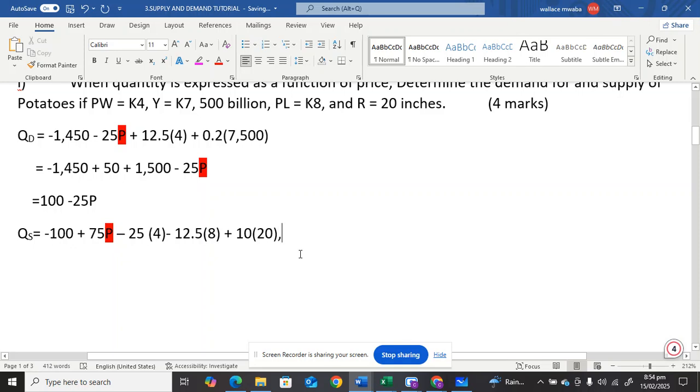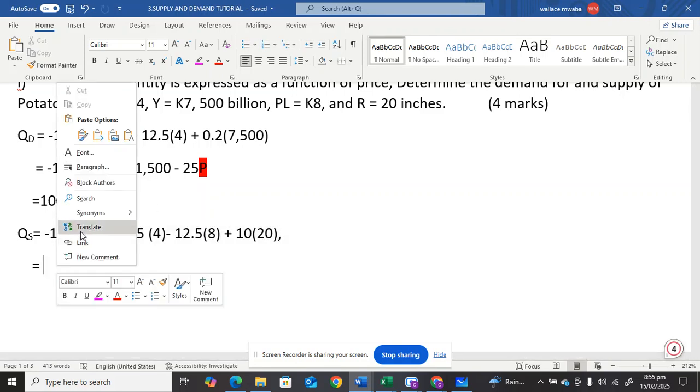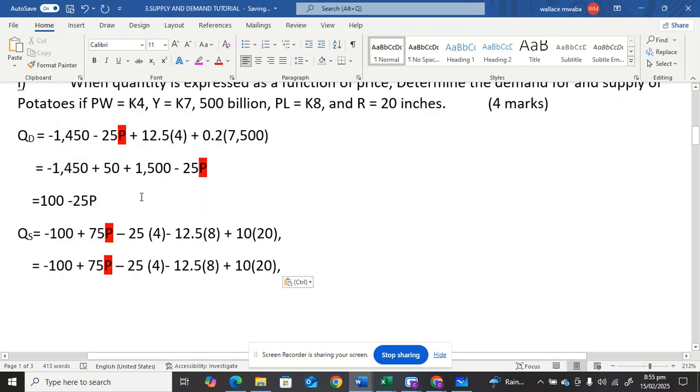So let us calculate. 12.5 times 8, 25 times 4, this is 100 here.